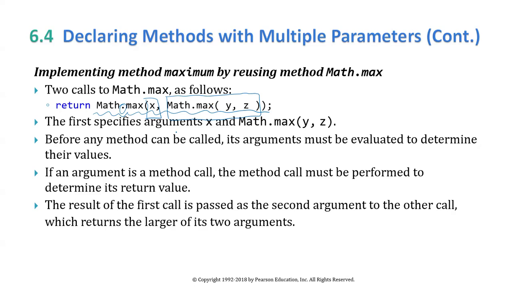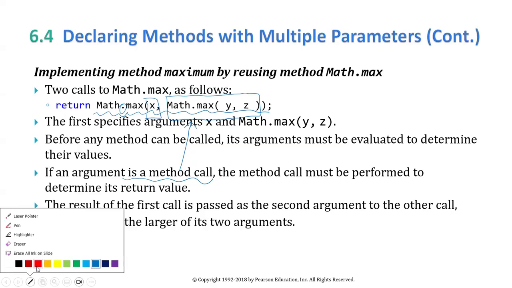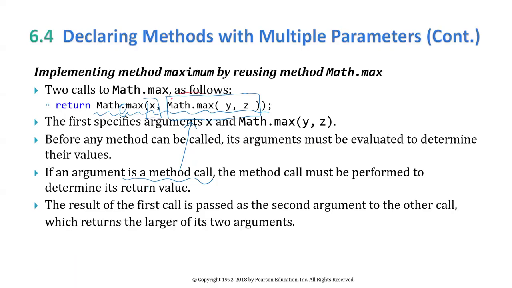And before any method can be called, its arguments must be evaluated to determine their values. So if an argument is a method call, which refers to the nested method Math.max(y, z), the method call must be performed to determine its return value. That means before we compare x and Math.max(y, z), we should get the return value of this one.